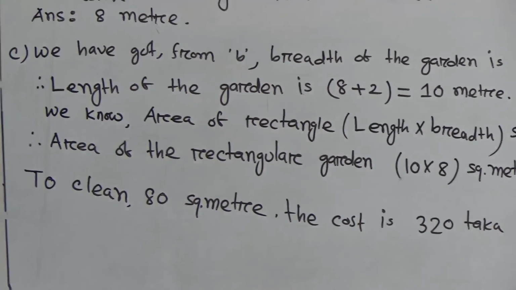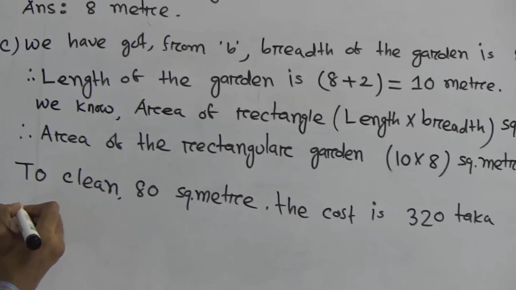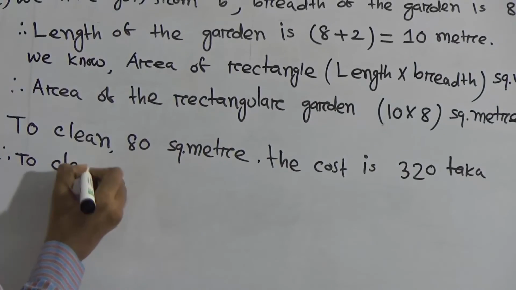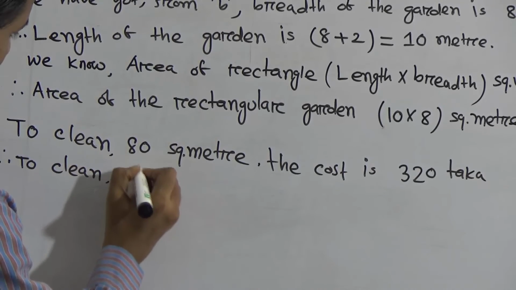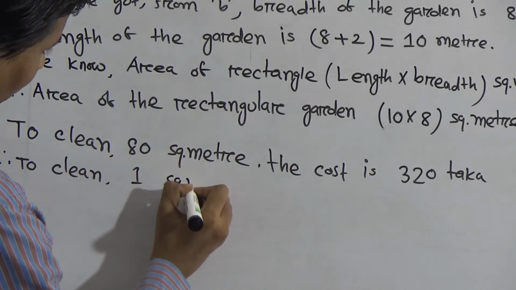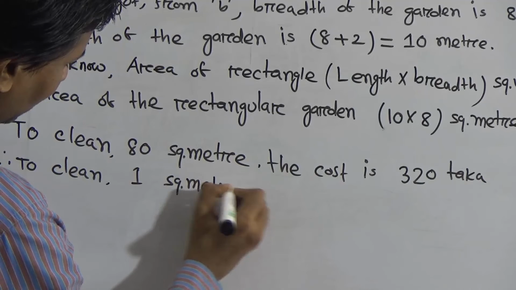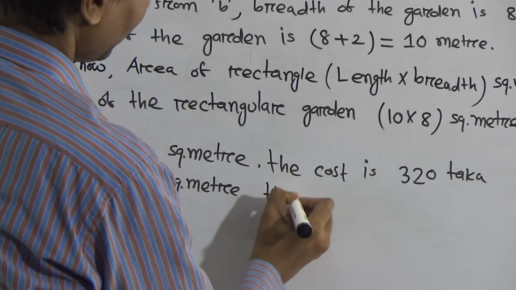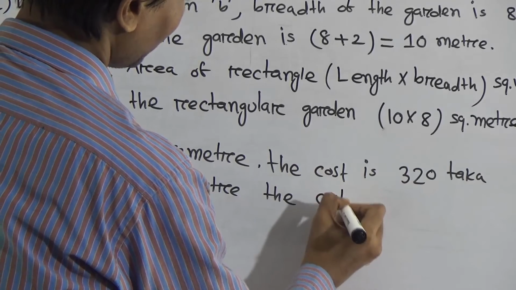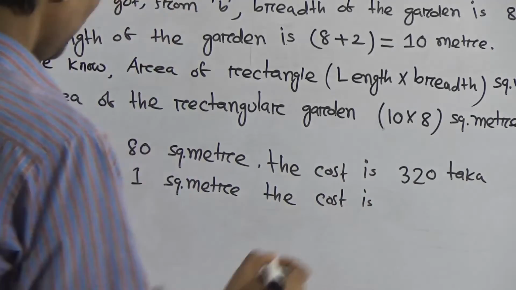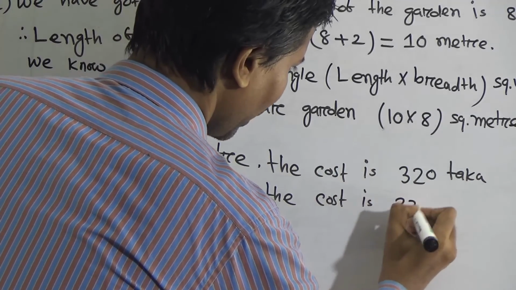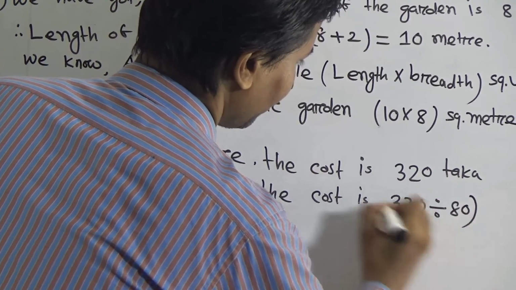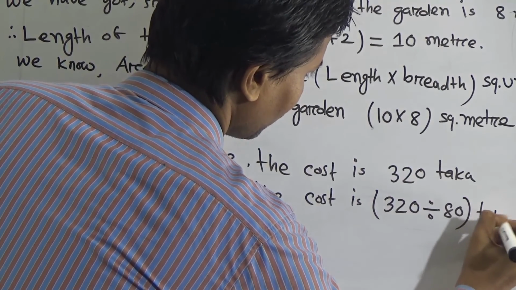Per square meter means 1 square meter. So to clean 1 square meter, the cost is what? 320 divided by 80 taka.